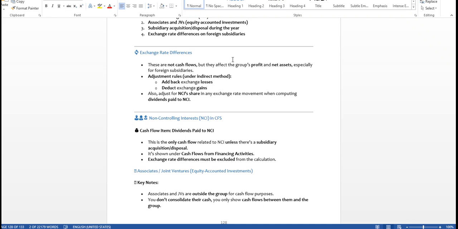Only dividend paid. Do we understand, please? This dividend paid is the only cash flow unless there is acquisition or disposal of a subsidiary. It is shown under cash flow from financing activity, and exchange rate differences must be excluded as well, right? So that's it.